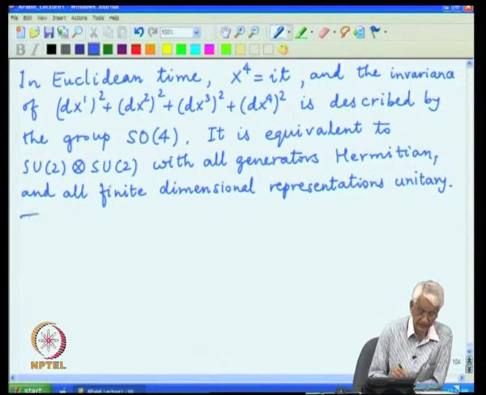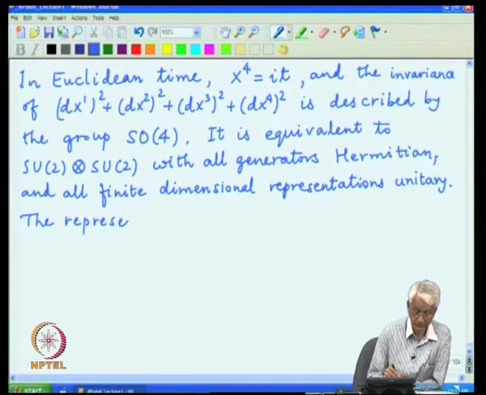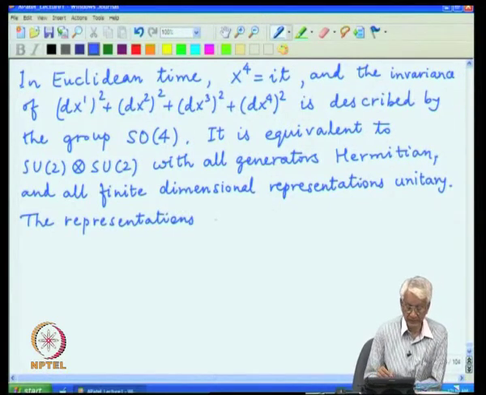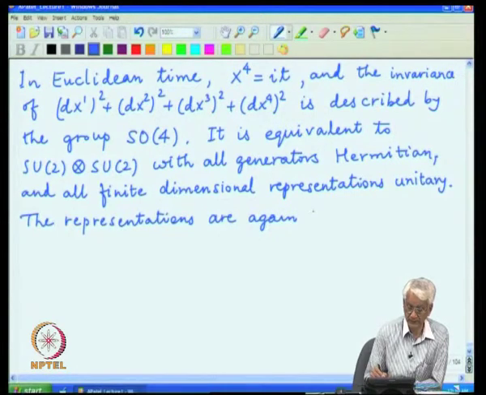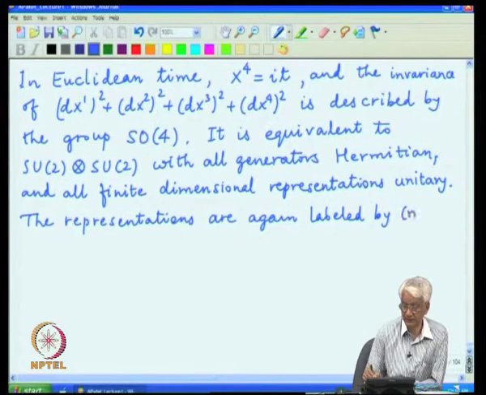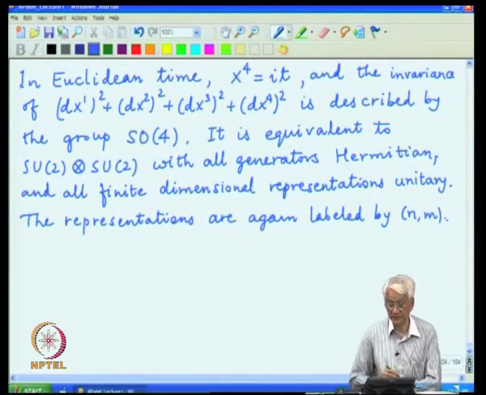The representations are again labeled by this pair of indices.